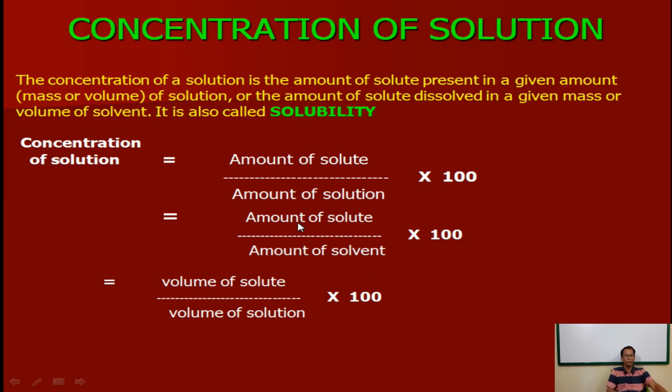Also you can take volume ratio, mass ratio and mass to volume ratio. You can express it in different ways, but concentration of solution means the amount of solute present in a given mass or given volume of solution. That is called concentration. Okay.